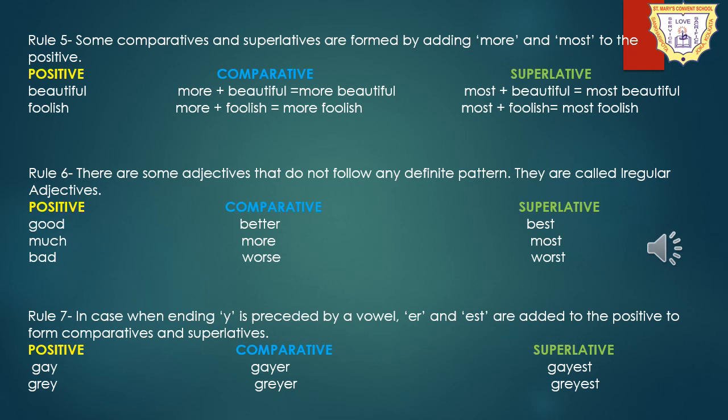Here the word ends with y and it is preceded by a vowel, that is a. So for the comparative we add er to it: gayer. And for the superlative we add est to it: gayest. Grey, greyer, greyest.